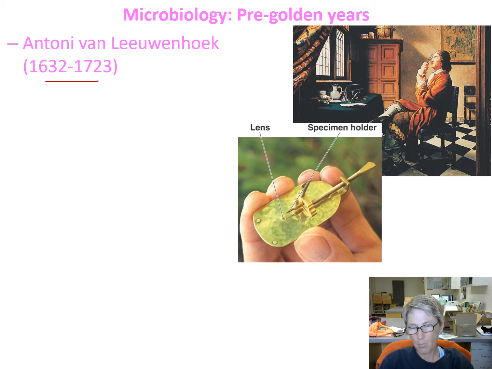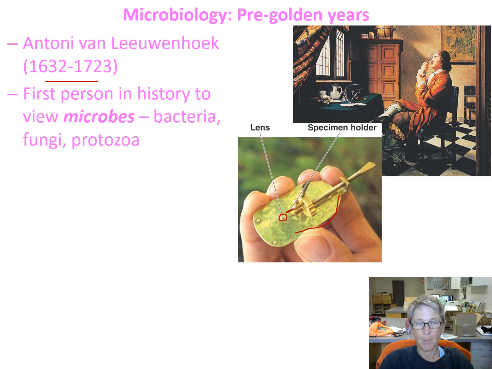So this is kind of a recreation of what he made. So here's the lens. Here's the specimen holder. And I'm not really sure how they work because I've never really seen one, but apparently you could see some microbes with these at his parties.